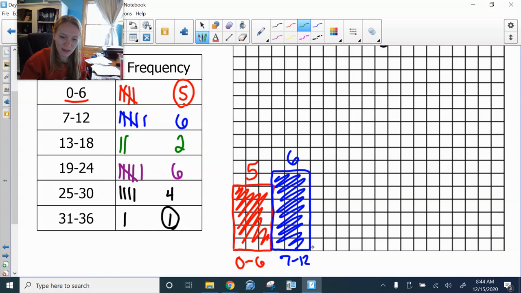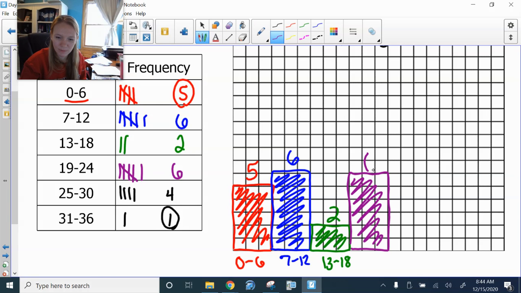You don't have to color these in either. From 13 to 18, I have 2 pieces of information. From 19 to 24, back up to 6. And from 25 to 30, I had 4.